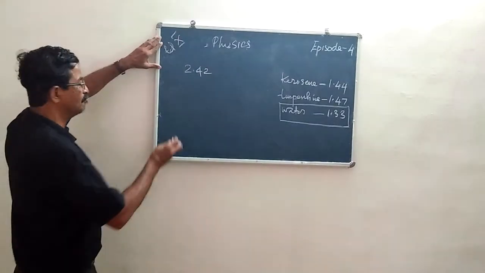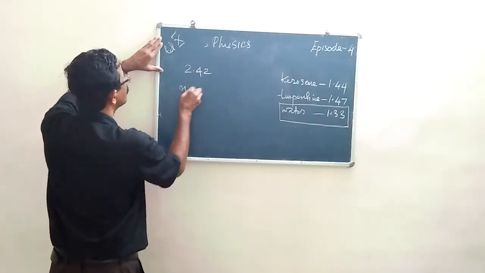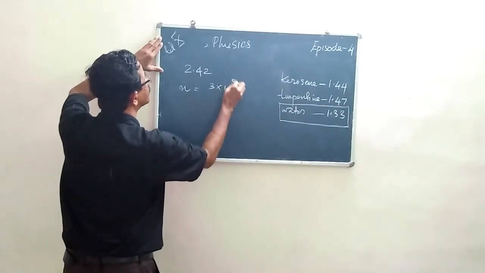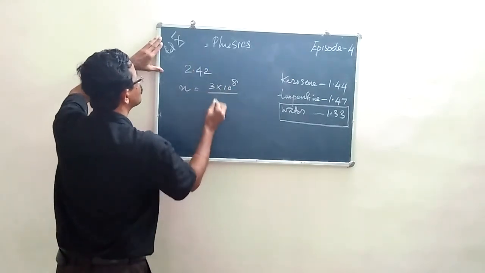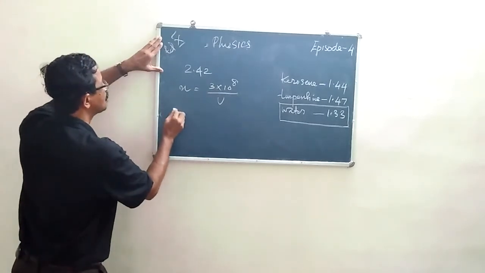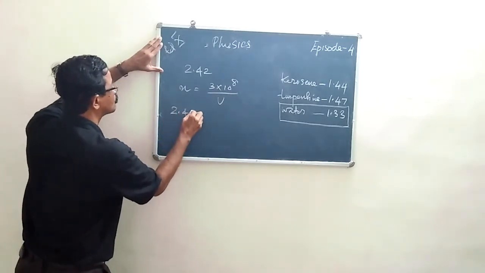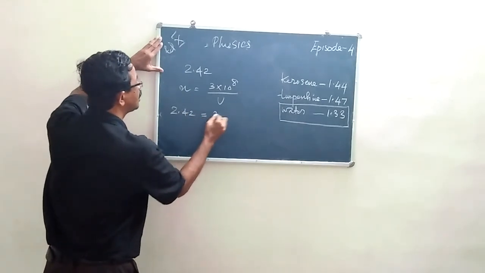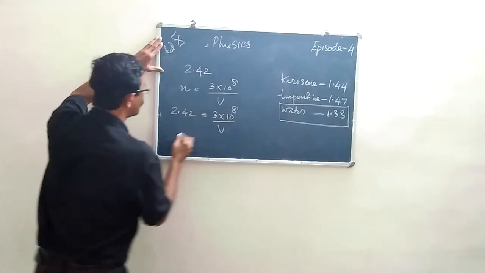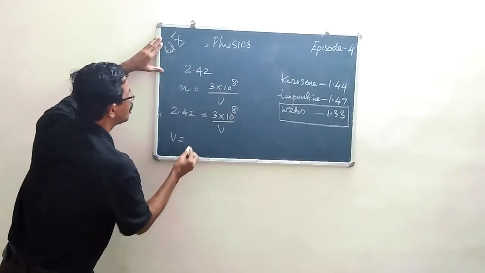See, we know refractive index is equal to the speed of light in vacuum, 3 into 10 raised to 8, divided by the speed of light in diamond, let it be V. Here n is given as 2.42, which is equal to 3 into 10 raised to 8 by V, or V is equal to how much?